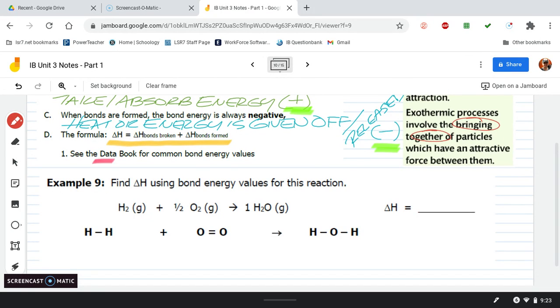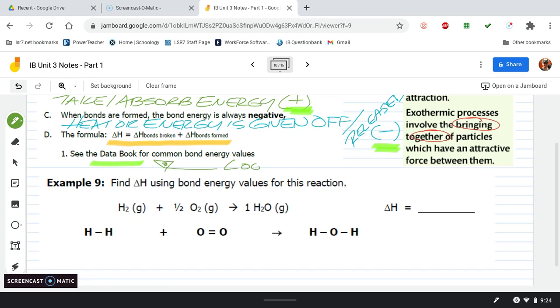We have a data book in IB, so you could get this from the data book. But in IB, a lot of times they do give you the data sometimes in the question. So sometimes you have to look it up. The data book is something that you would look up, and remember, the data book is something that you have on all of your tests.